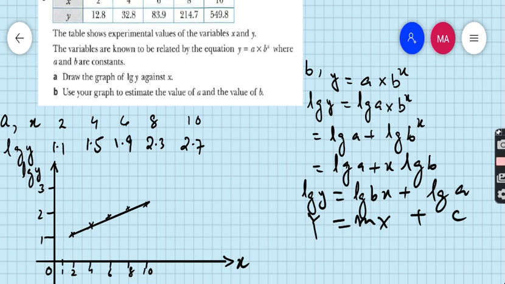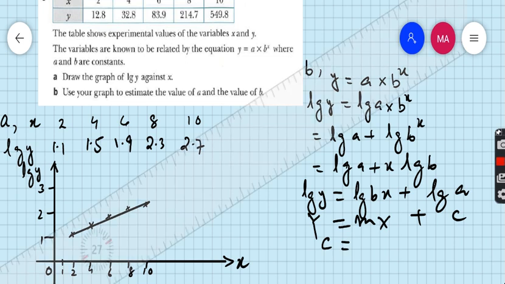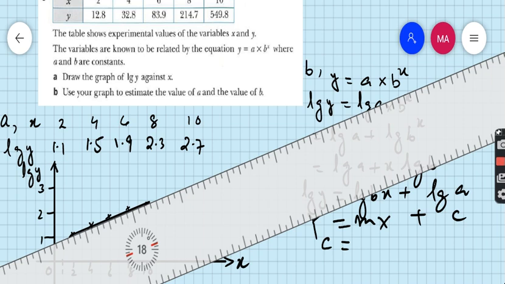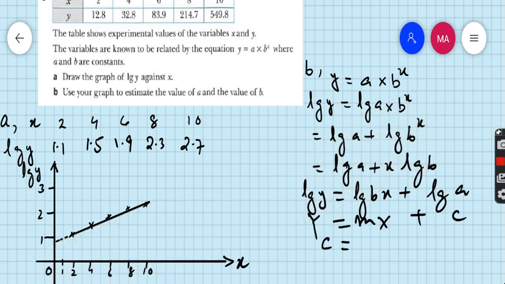So first you have to find the y-intercept. How? Extend the line which you have just drawn by a dotted line and read this value carefully.